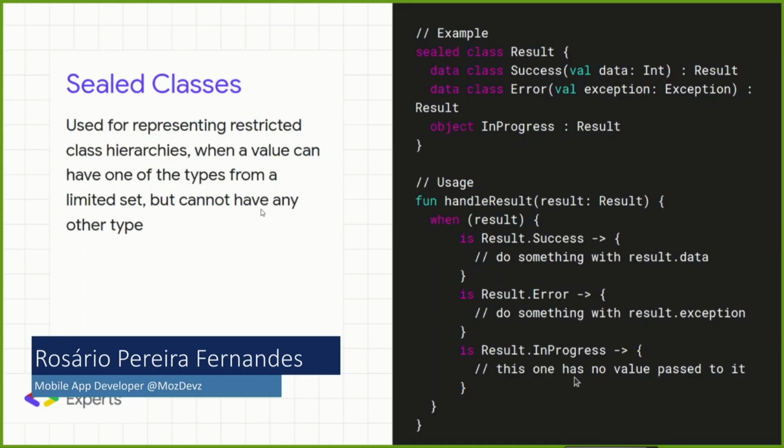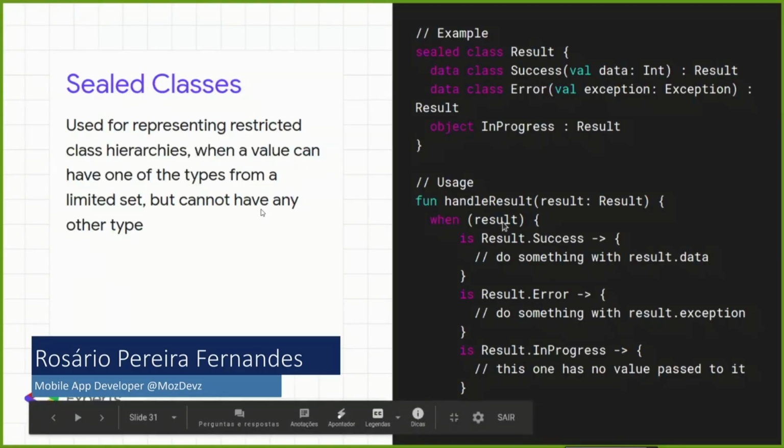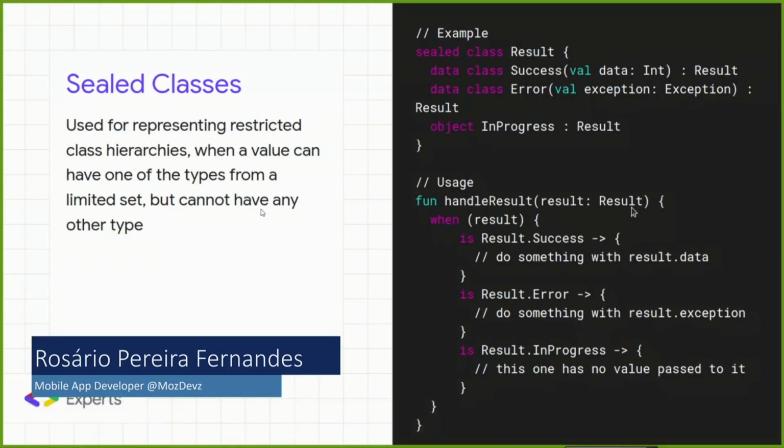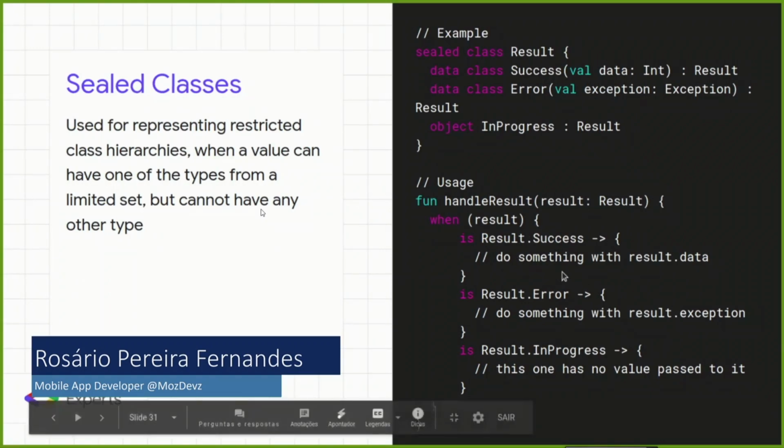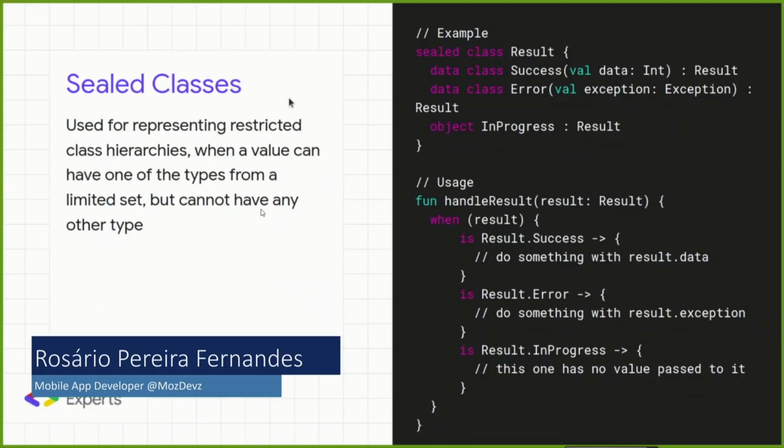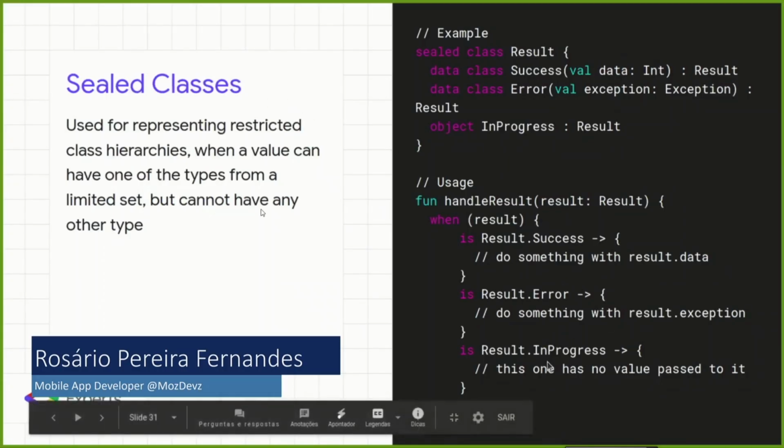So here's how we would use it. Just like an enum, we get the result and we check what's the state of that result, if it's a success, error, or in progress. One of the main advantages of sealed class over enum is that the compiler already knows what are the possible types of this result.